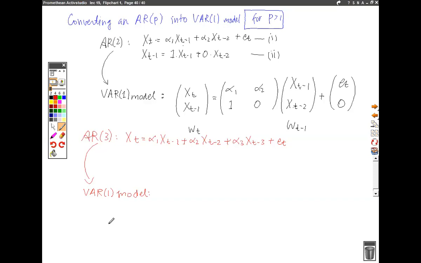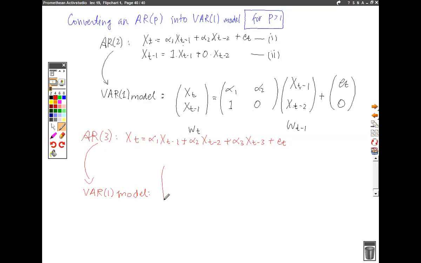Anyone? Writing the equations for xt minus 1 and xt minus 2. So yeah, you can write equations for xt minus 1 and xt minus 2. But to know in what terms you should write them, you have to know what are this and that.